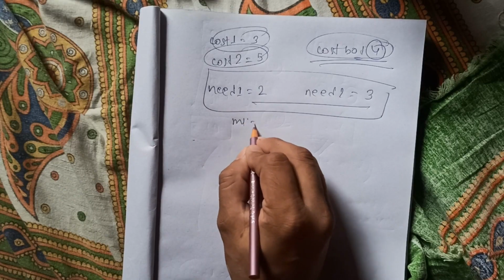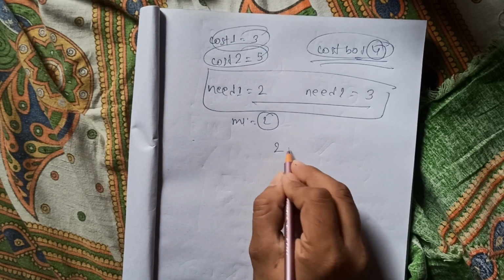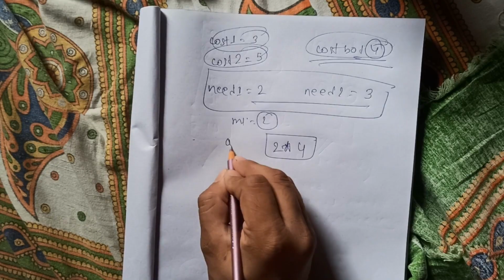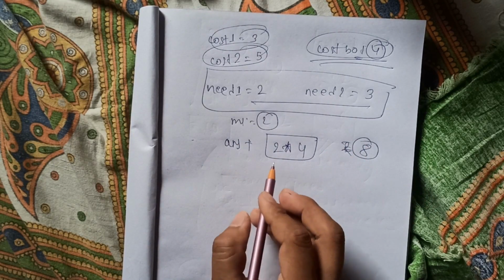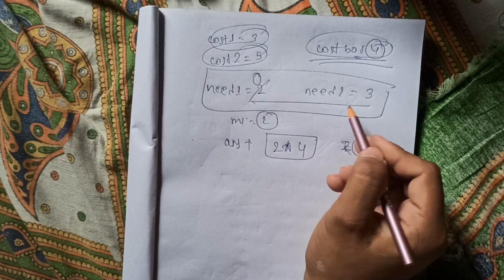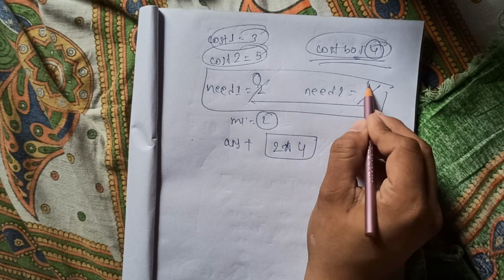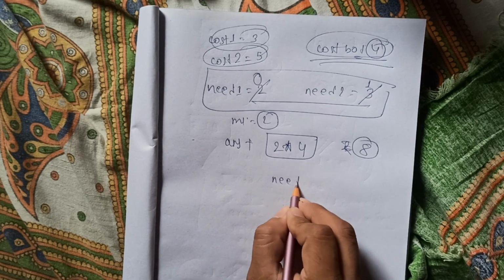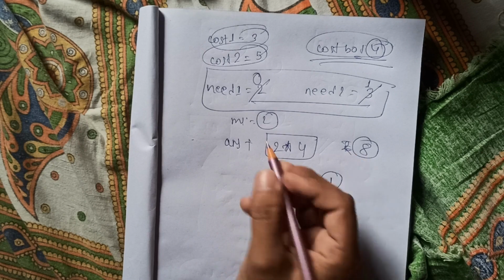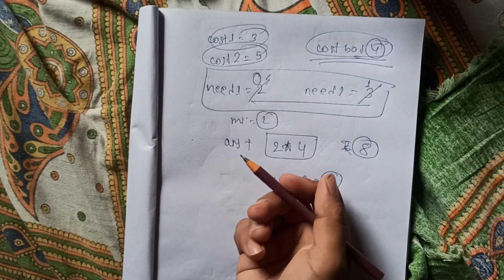So minimum is 2, right? So you will first reduce 2 into 4, the answer will be plus equal to 2 into 4, which is 8, right? So this becomes 0 by reducing it by 2, this becomes 1 by reducing it by 2, right? Now you have need 2 greater than 0, need 2 is 1, need 1 is already 0, so you don't need to go again and check for it, right?